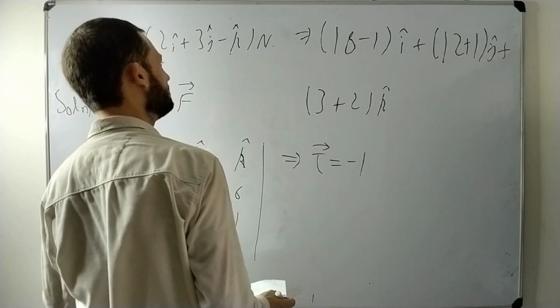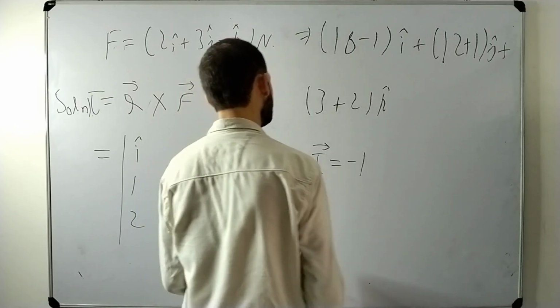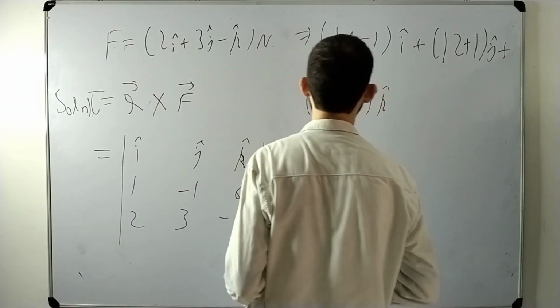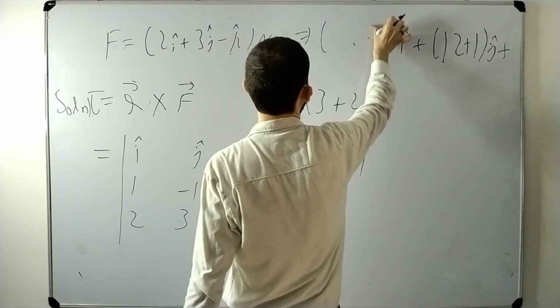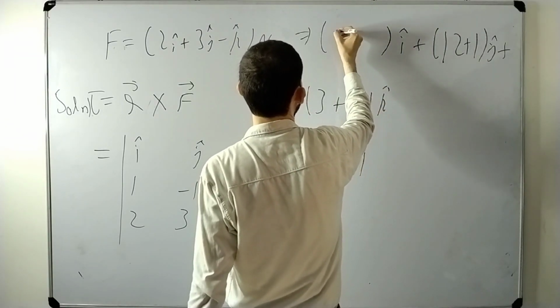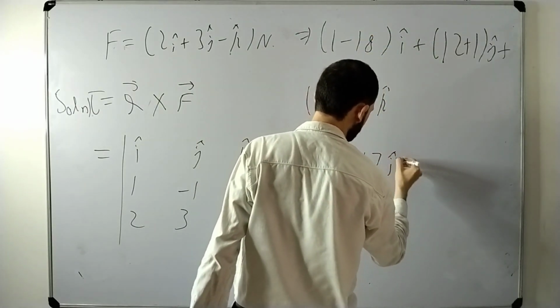Oh, so you reversed the order. Now that's the thing. You actually wrote it in a different way. So it should be in this way, no? Yes. What you are saying is perfectly right. 1 minus 18. No, it is perfectly right.